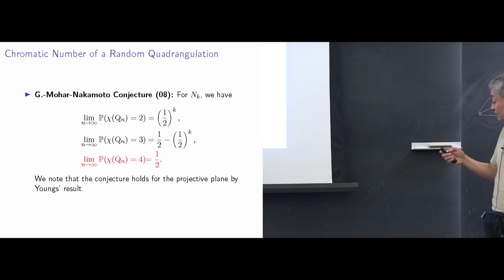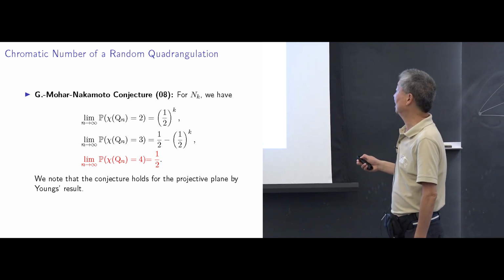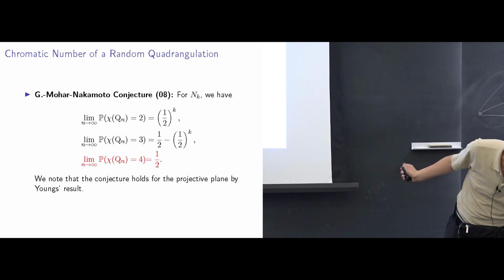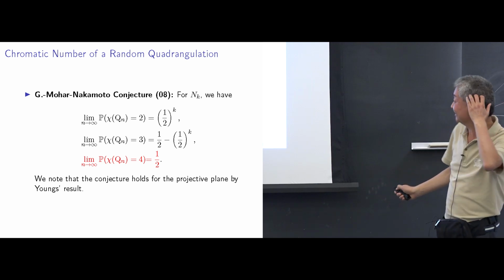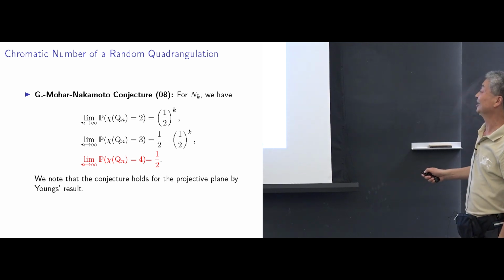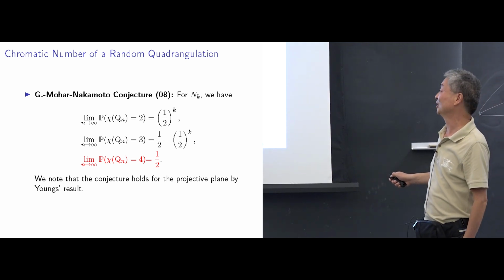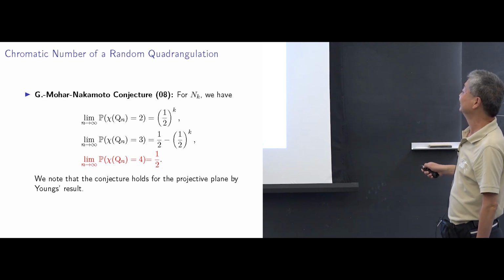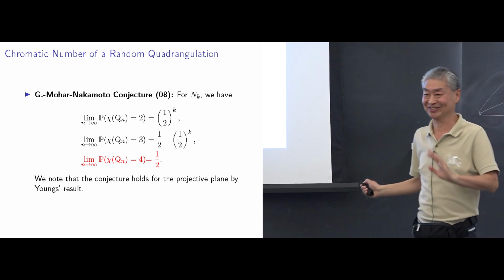So using this characterization, one can come up with this conjecture. Actually, this conjecture dates years back. In 2008, there was a conference in Yokohama in honor of Nagami, I think. So I gave a talk about the chromatic number of random quadrangulations at that time.